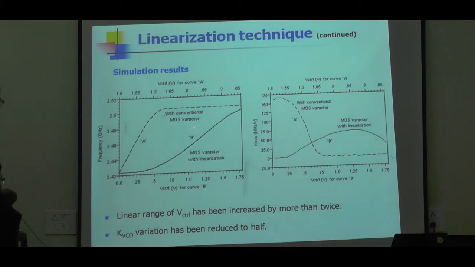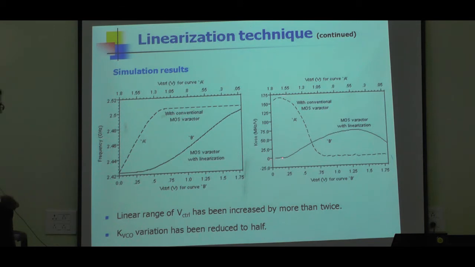If I reflect that, delta F by delta V is the KVCO. If you look at the conventional approach of control voltage to the VCO, you see that the KVCO is 150 megahertz per volt. That is the conventional one.